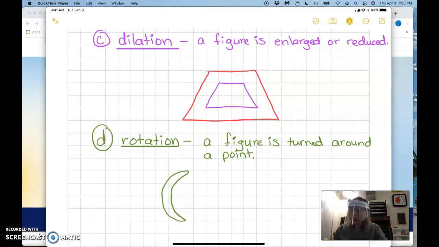So I've tried to draw a crescent moon. It looks more like a banana, but whatever. And we're going to show that it got rotated 90 degrees to the right. So the new shape is going to have the same starting point, but the shape just got flipped on its side.